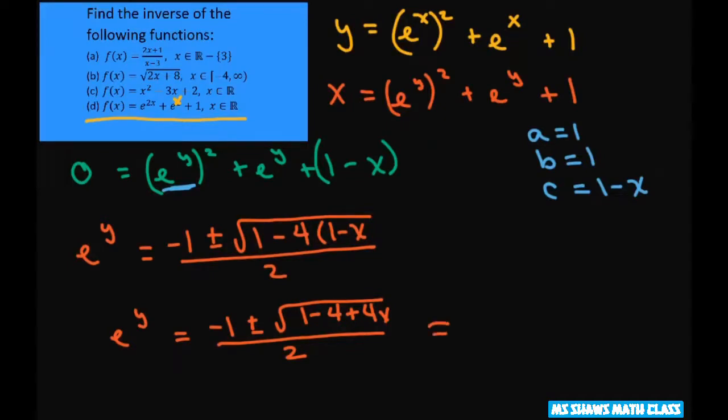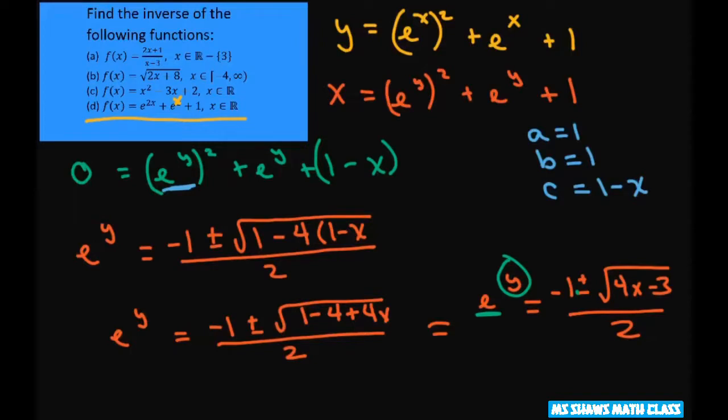Simplifying further, that gives you e to the y power equals -1 plus or minus square root of 4x minus 3, divided by 2. Now we're going to have to solve for y. Since we have an e here, we're going to take ln of both sides. That means we're going to discard the negative, because we can't have a negative log. So we're only going to use the positive there.